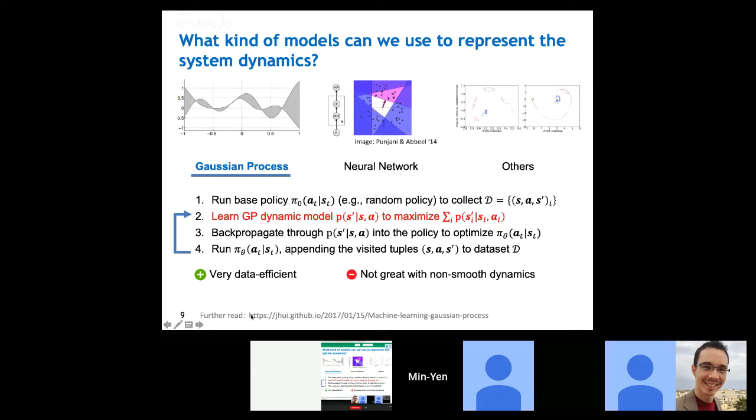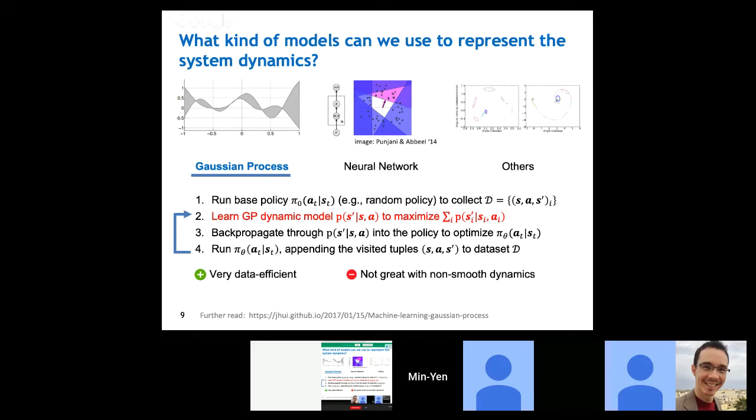If you want to know more details, I provide a link here to understand a bit more of Gaussian processes in machine learning. But I think the intuition is if we have some observations, and there are some unexplored areas as well, if the unexplored area is closer to the observation, then we are more certain about our inference, our guess, because we can do some kind of interpolation.